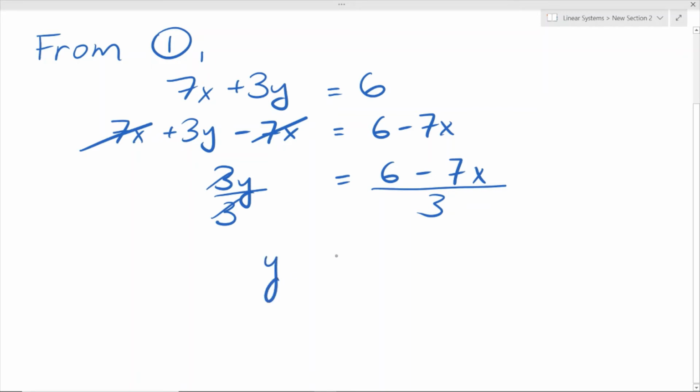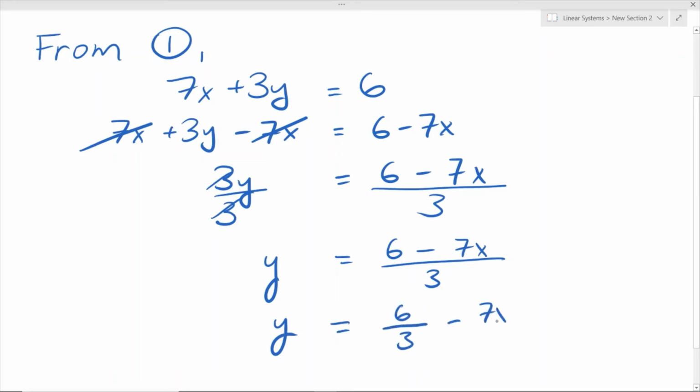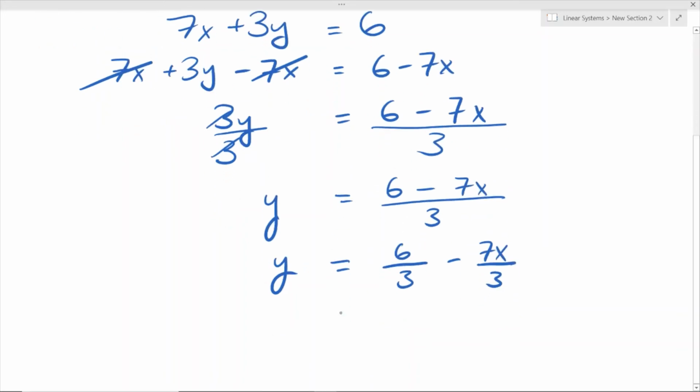So y is equal to 6 minus 7x all over 3, and we can apply this fraction to each one of these terms. So it's going to be 6 over 3 minus 7x over 3, and then 6 over 3 is the same as 2, so I'm going to write 2, and then 7x over 3, well, can't really simplify it, so it's just going to be 7 over 3 times x. So we have found our y.